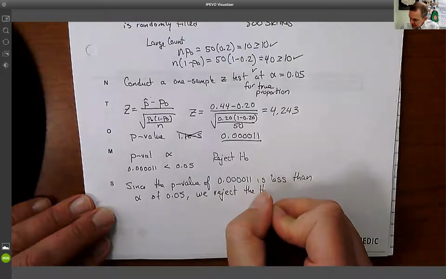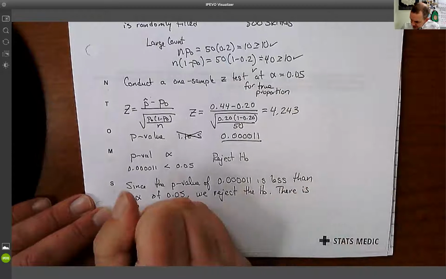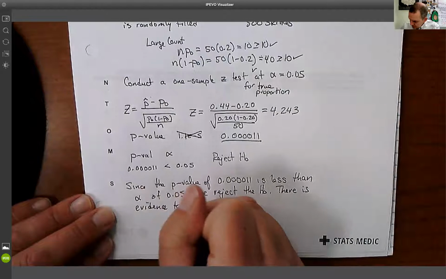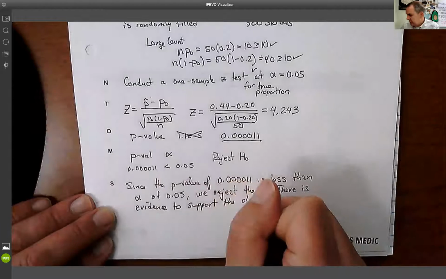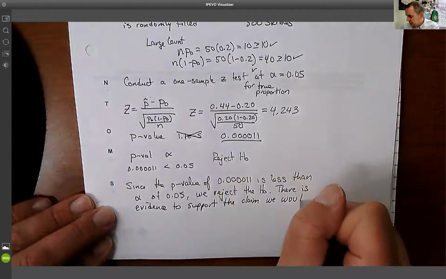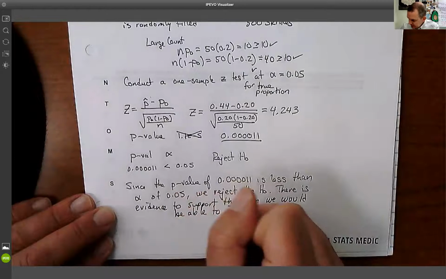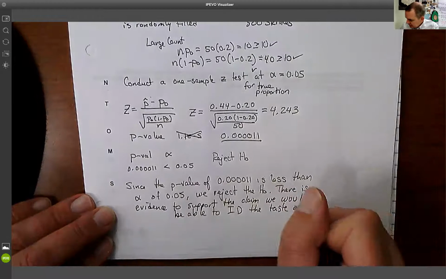We reject H naught. There is evidence to support the claim that we would be able to identify the taste of Skittles.